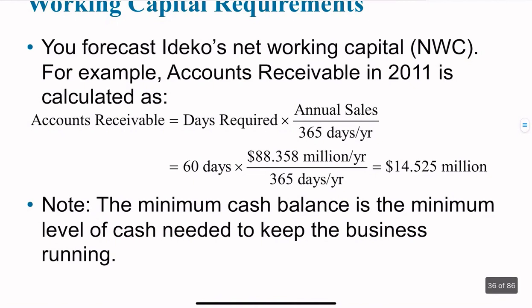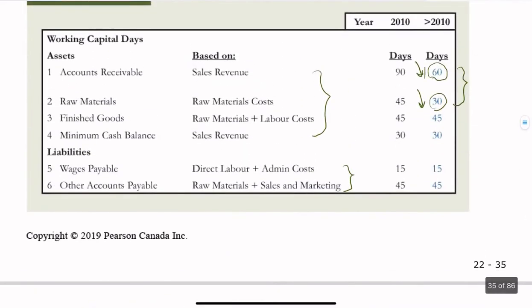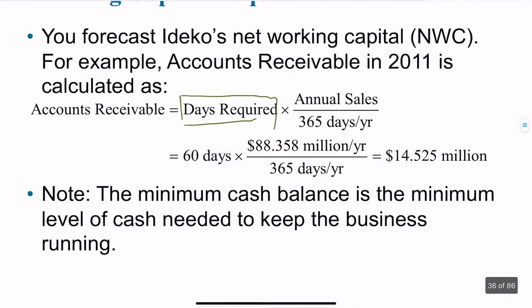So what we're gonna do is to forecast accounts receivables in the future, we will use the days required. Remember that we have the number 60. And then we will use annual sales, and divide this annual sales by the number of days. So this will give us a forecast of future accounts receivables. So this is pretty simple, right?